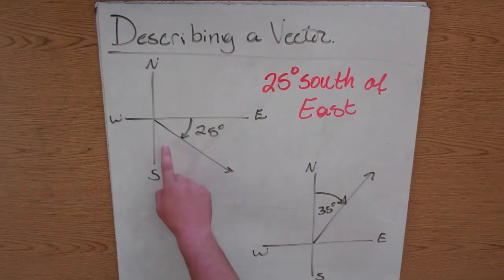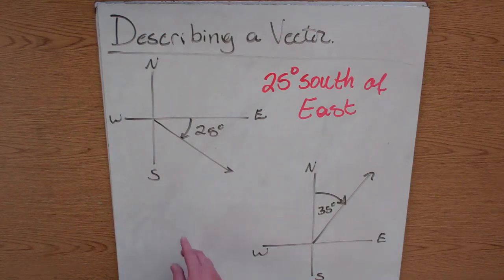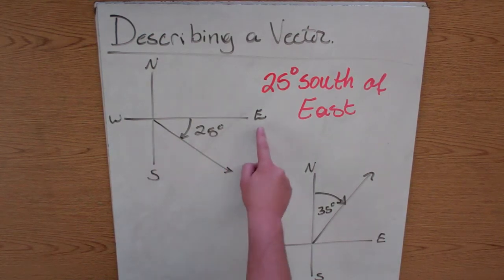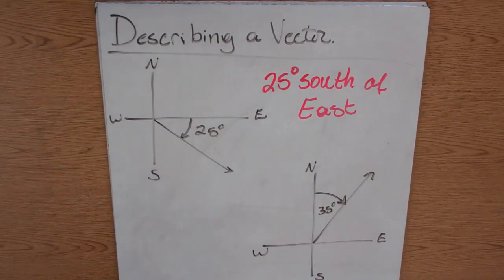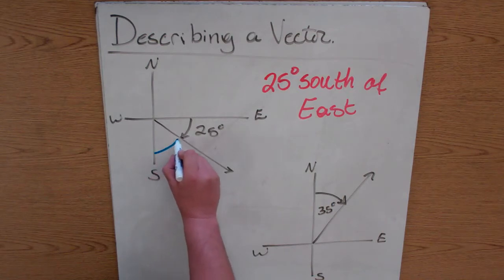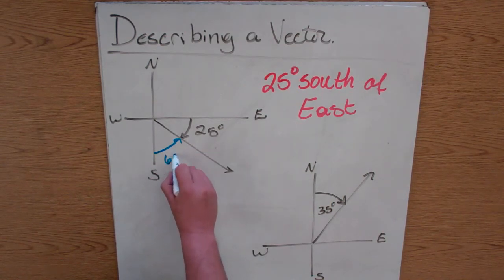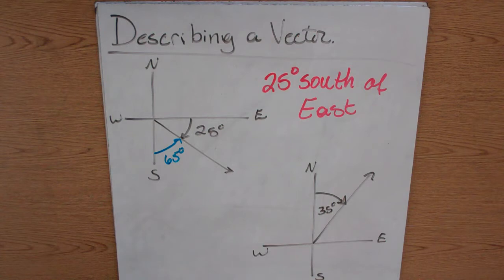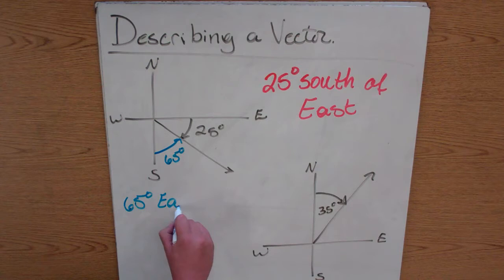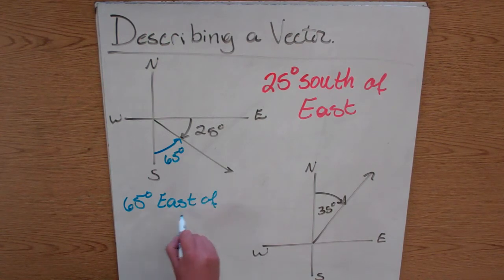Now, if we had done this angle here, we would have been that many degrees east of south. So if we did this one here, let's see, this has to equal 90, so this would be 65 degrees. So now this 65 degree angle would be 65 degrees east of south.